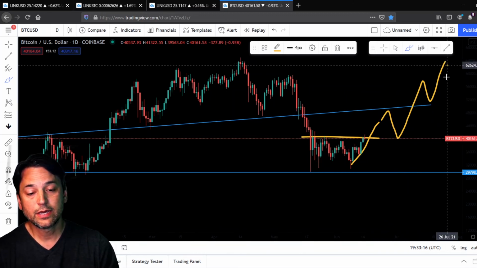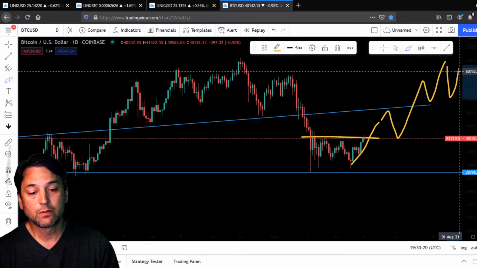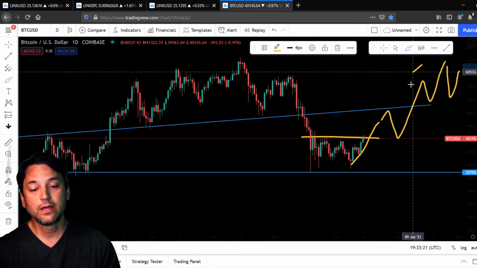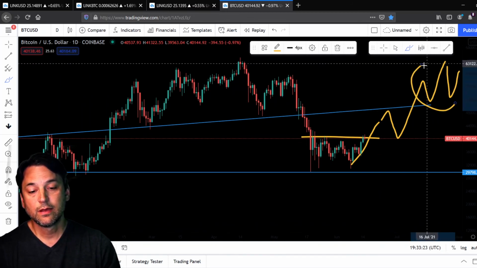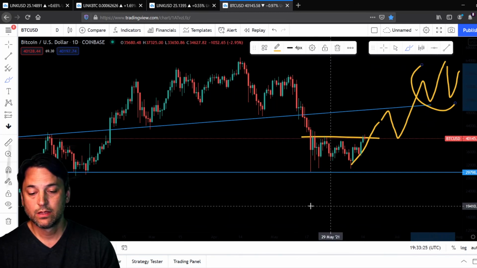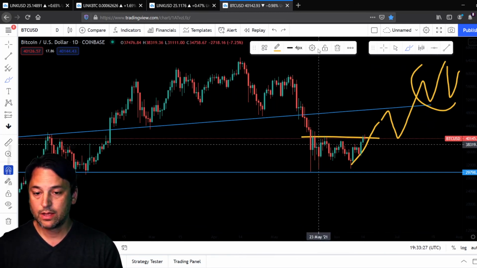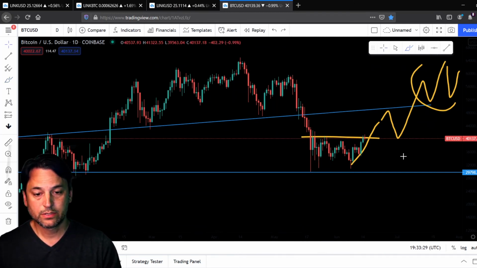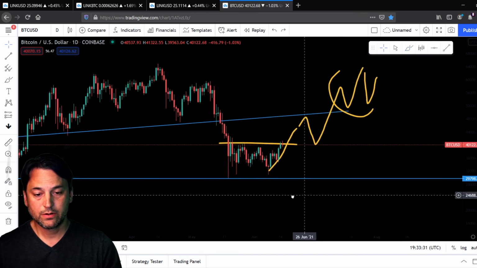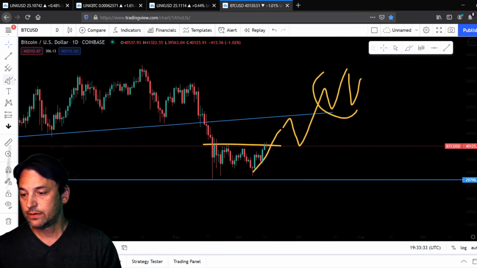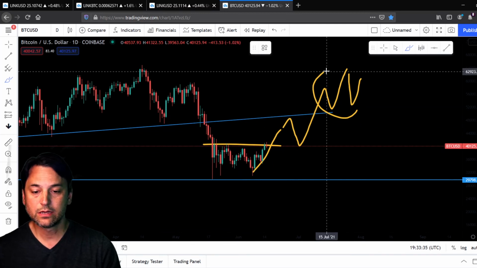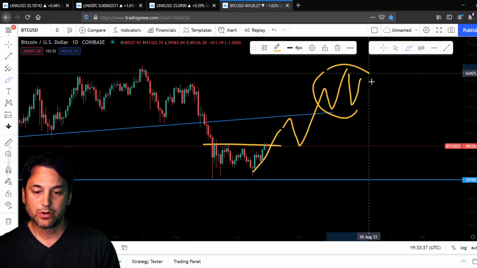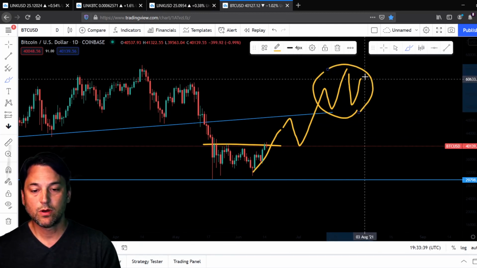But let's say that Bitcoin moves up into this area and then stagnates before making new highs. Let me just complete that drawing there. Just as an idea, not a prediction, but just an idea of what might happen.